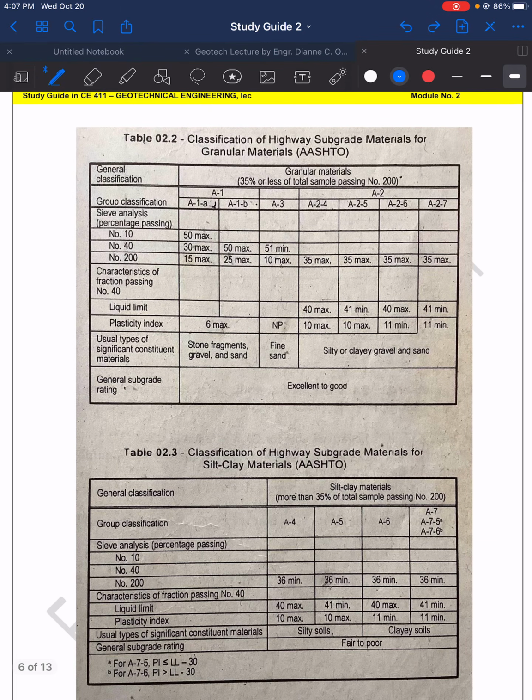Okay? So, this is the table for the AASHTO, which we will be using later on. Again, you can observe that it's divided into two, wherein we have the granular material, also known as the coarse-grained, and the silt clay materials or the fine-grained soils.